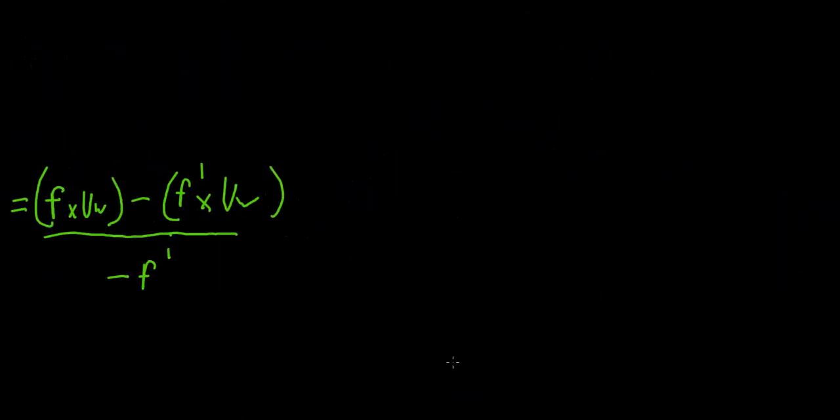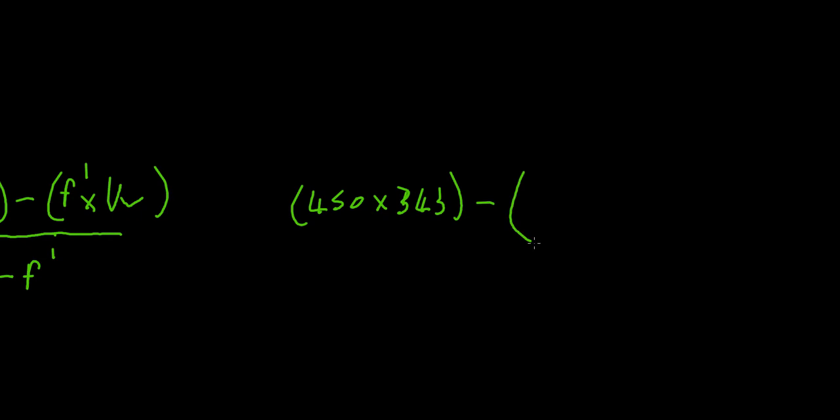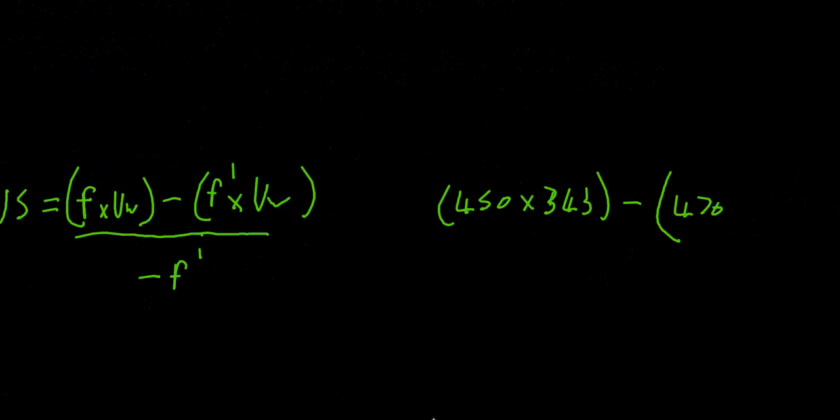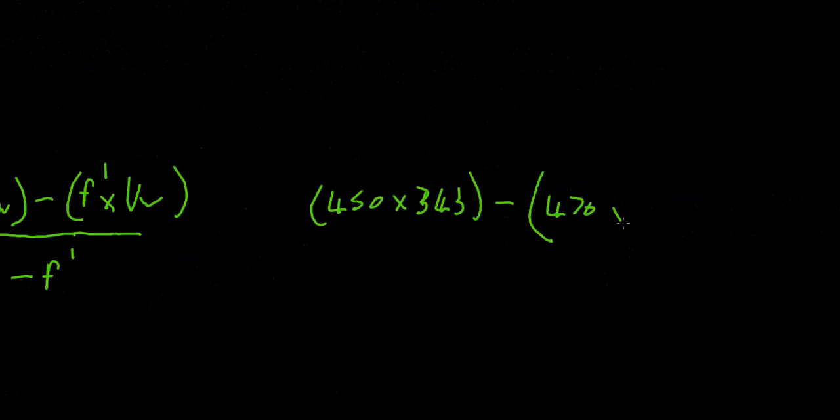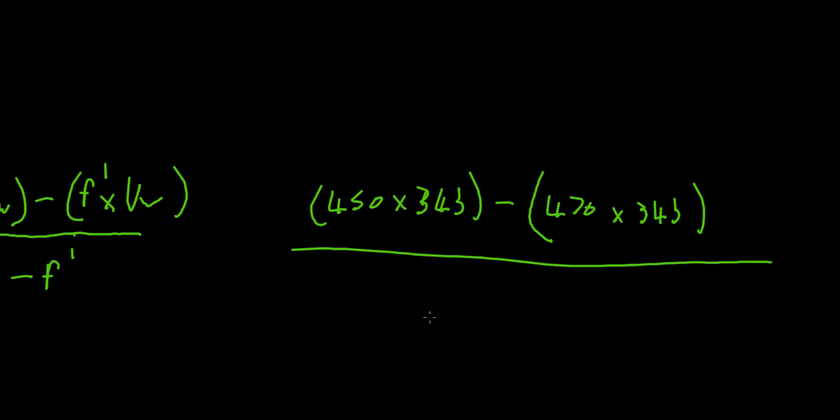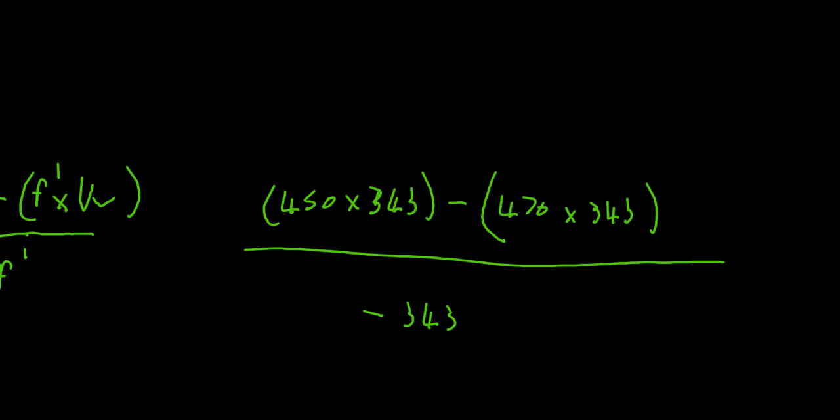The actual frequency is 450, so 450 times 343 in this case, minus the apparent frequency, which I believe is 470, just double check that, yeah, 470 times the same thing, 343, velocity of the wave, divided by negative velocity of the wave, once again, 343. Great, so we plug that in.